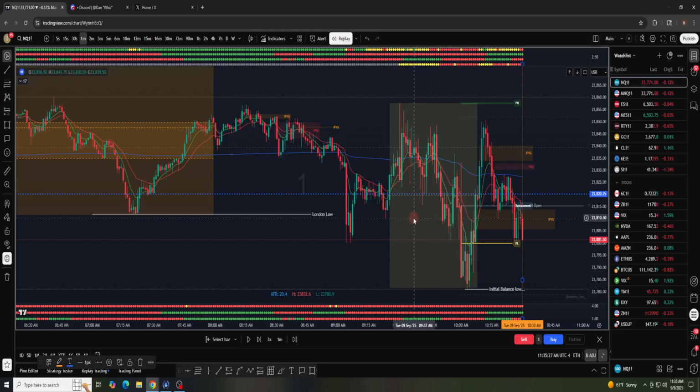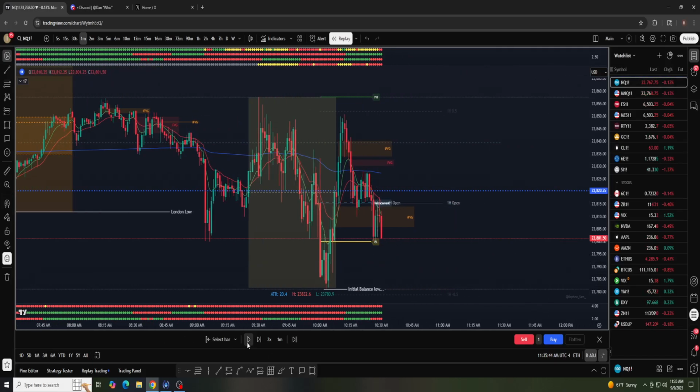And when this happens, there's a 74% chance that the initial balance low will be broken before the initial balance high. So this gives me a confluence. Next, I'm looking for dots to fire off red, and I will be targeting the initial balance low.